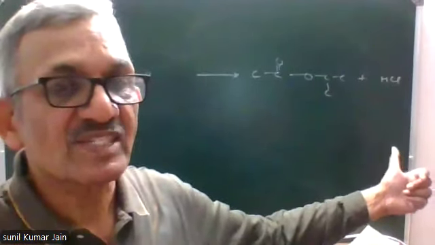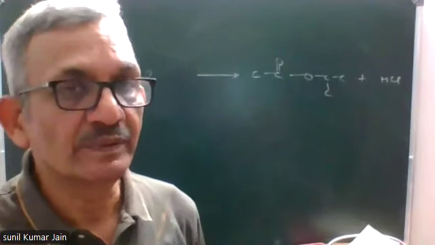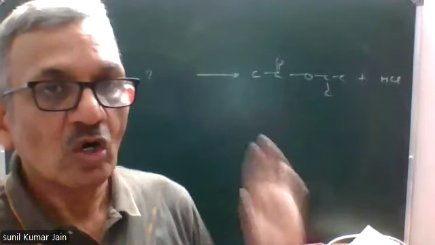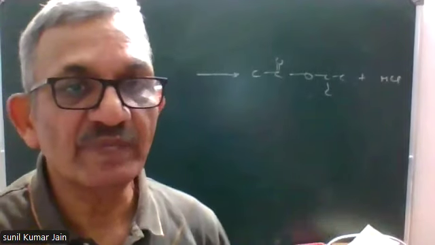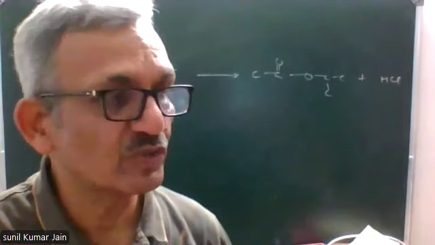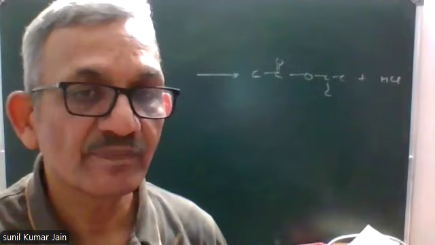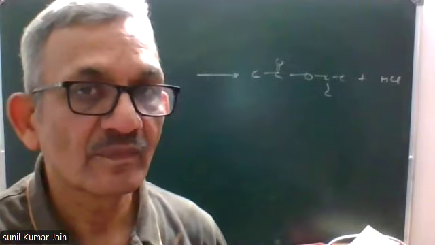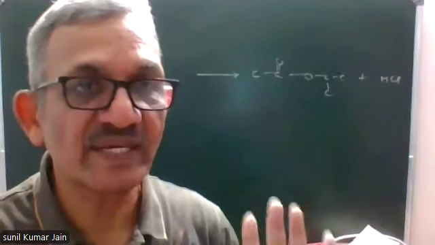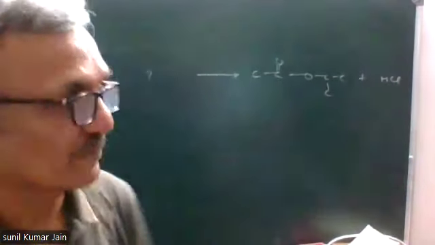Let us say this is the ester obtained and the byproduct. On the basis of the products, can you tell me which of these 3 reactions has been used? First, second, or third? Second. On the basis of the byproduct HCl, we can decide this is the second reaction.